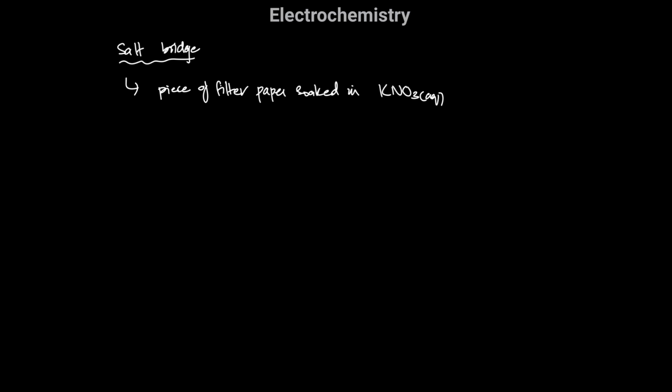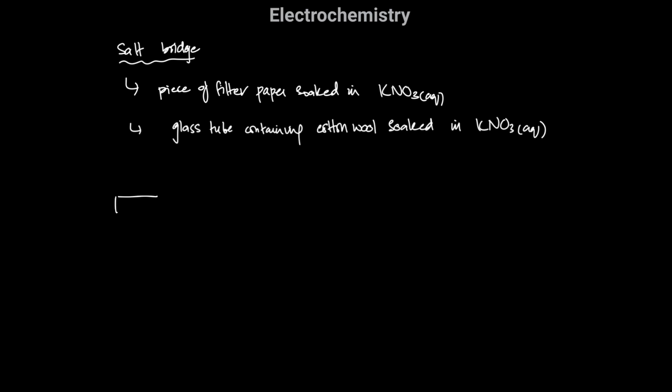Or we can have cotton wool, or a glass tube containing cotton wool soaked in potassium nitrate. So we can just take a piece of filter paper, soak it in potassium nitrate, and then fold that filter paper and connect the two beakers.